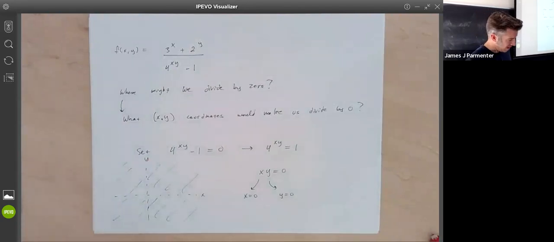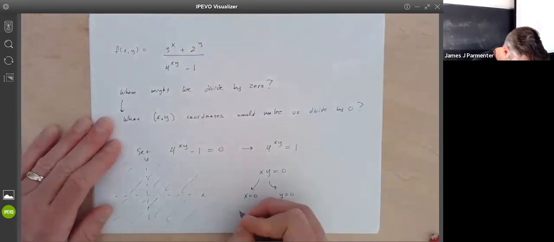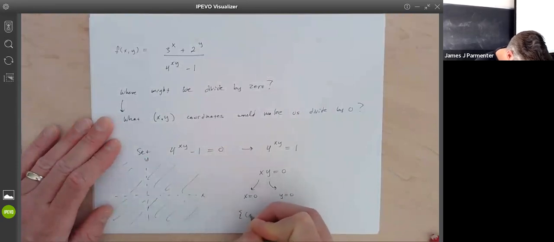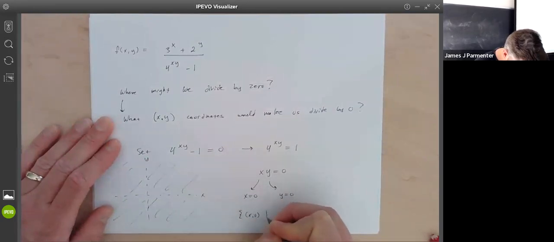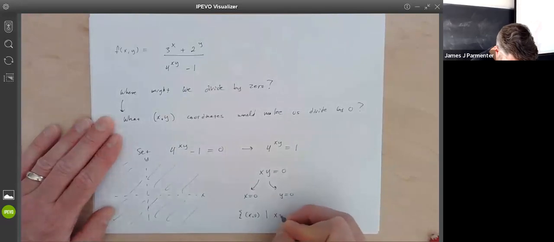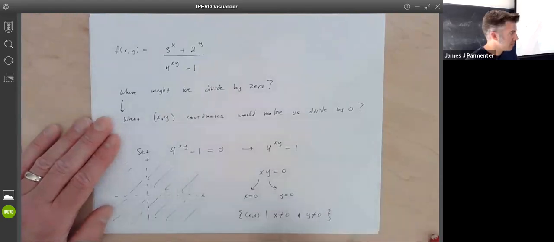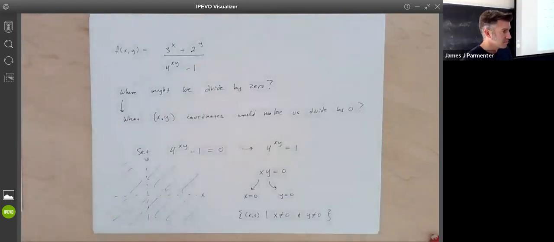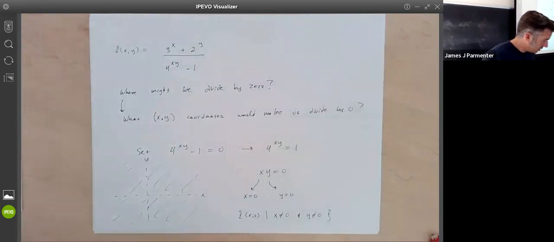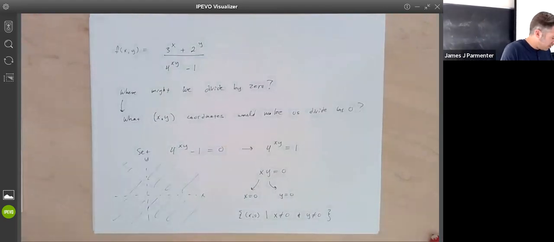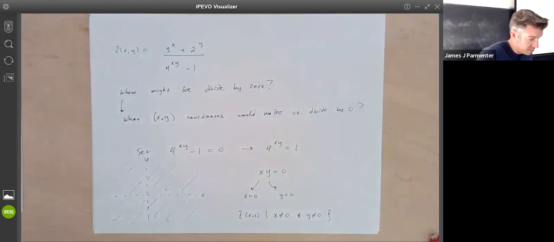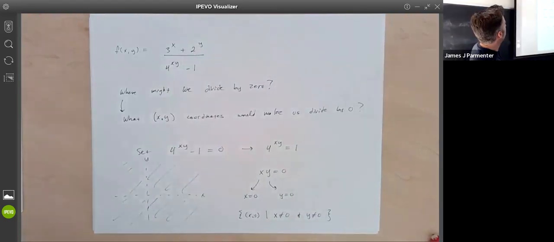If I was actually trying to write it, I would write the set of x, y such that x is not 0 and y is not 0. Right, yeah. So the problem says determine the set of points at which the function is continuous. It doesn't ask me to draw, although it probably wouldn't hurt to draw it. I would probably encourage you to draw it.